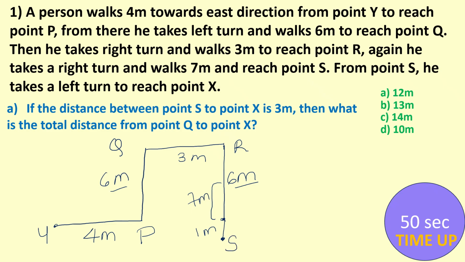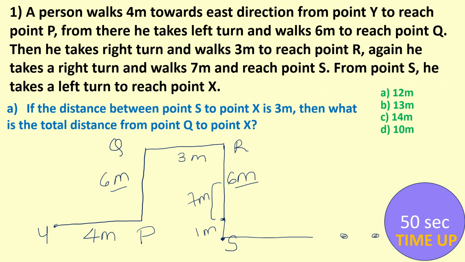Now this is S. Then from point S he takes a left turn to reach point X. Now see, one thing you can see is that from point S to point X they have not mentioned any distance, correct? So point X can be here, it can be here, or it can be here.